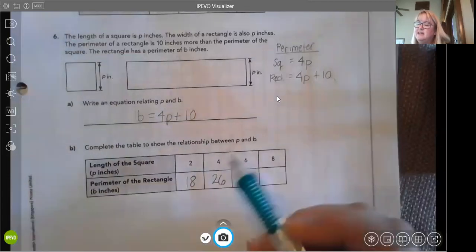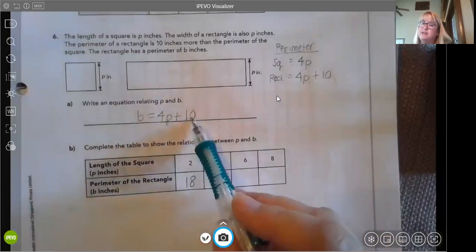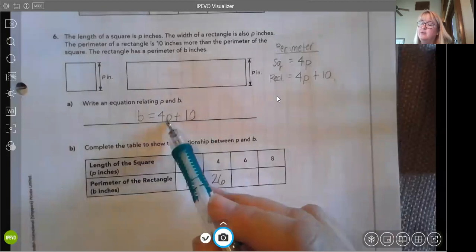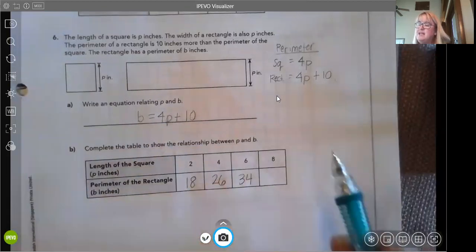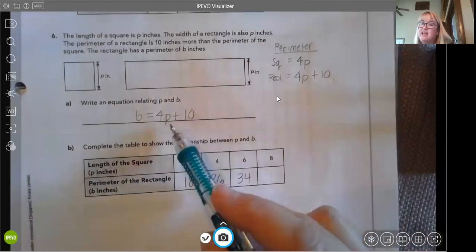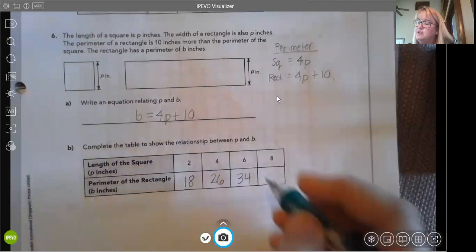When P is 6, B is 4 times 6 plus 10. 4 times 6 is 24, and 24 plus 10 is 34. When P is 8, 4 times 8 is 32, and 32 plus 10 is 42.